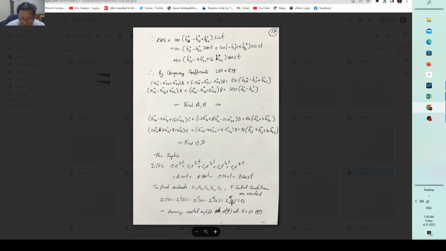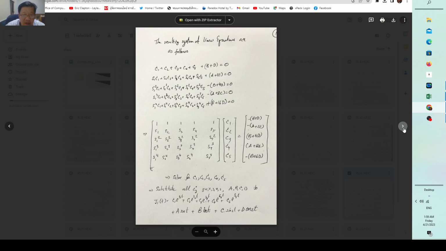All these necessary conditions equal 0. So you just find the derivative up to the fourth order and substitute t equal to 0. You end up having a system of equations containing c sub 1 up to c sub 5. Okay, and that's what we are doing here in the next slide.